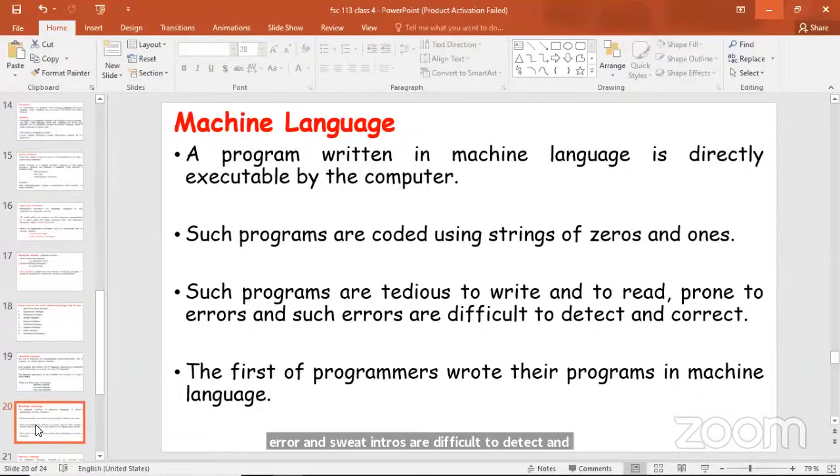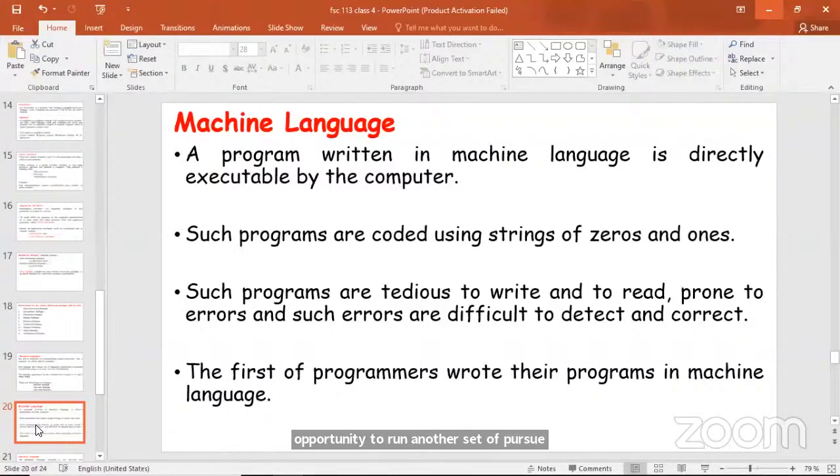So the first programmers wrote their programs in machine language. Now imagine the stress people in those days had to go through running their programs on the first generation of computers, right? If you make just a simple mistake, you have to wait probably for 2 days or a week to get an opportunity to run another set of code.